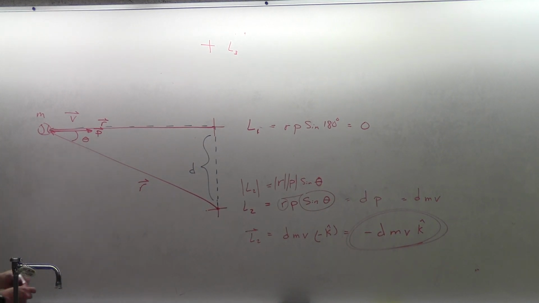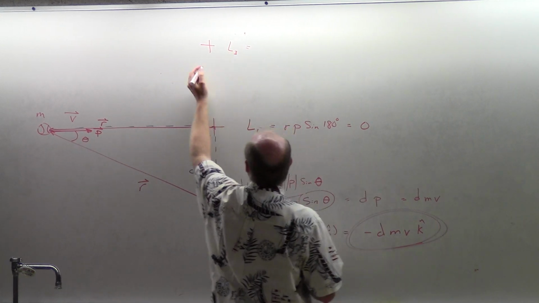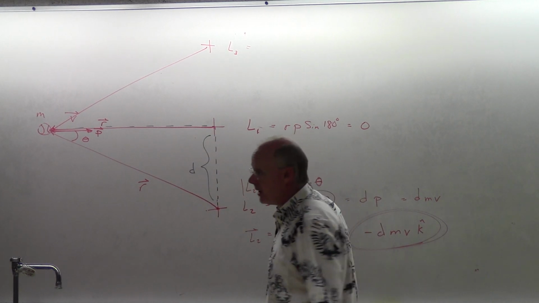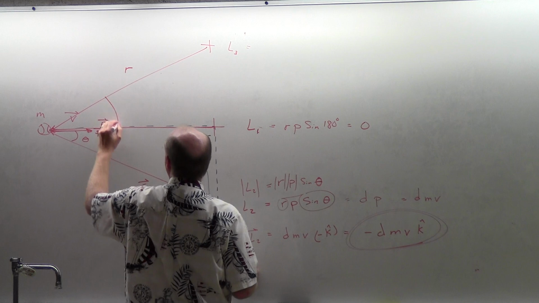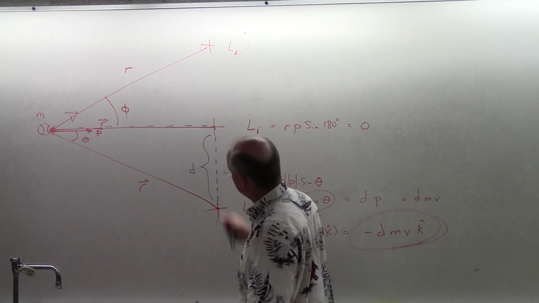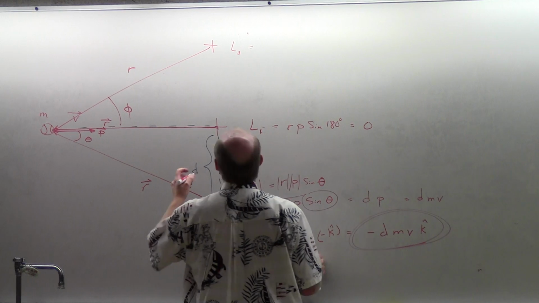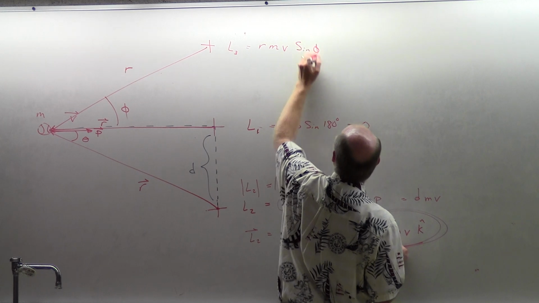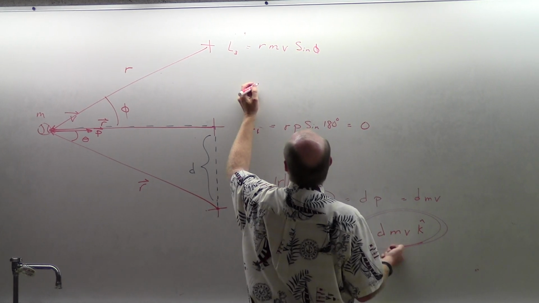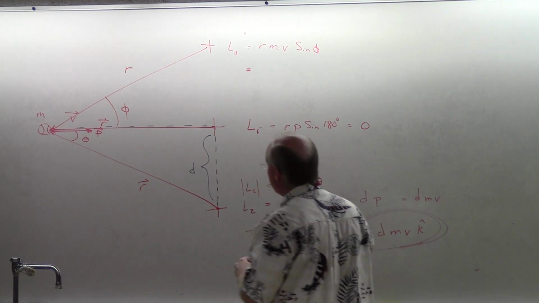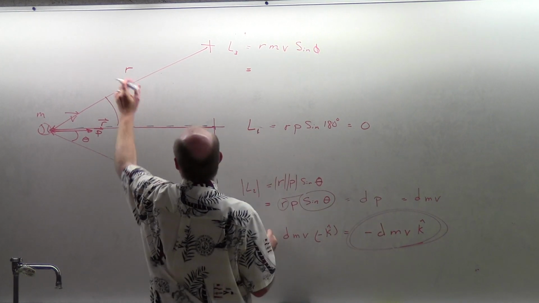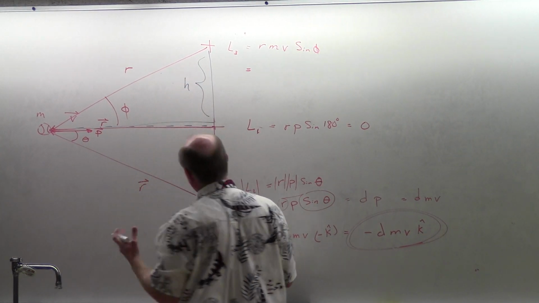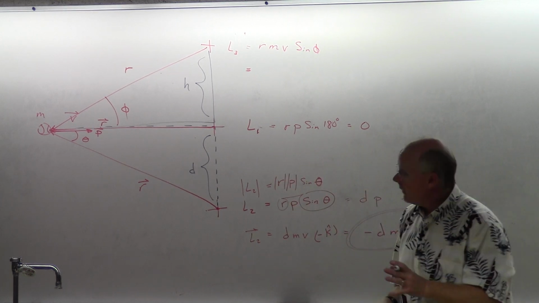Now if I go to the top one up here, how do I calculate the angular momentum? Yeah, and I hope you're seeing the same thing, that this would be my r, this would be my angle. Let me this time call it phi so that maybe it's not the same angle. But when I go to calculate it, it would be r, it would be an m, a v, a sine of phi. And then if you look closely at a triangle, this r times sine phi would be this distance. Let me call it h, so you don't confuse it with the d, because I'm not saying they're the same distance.